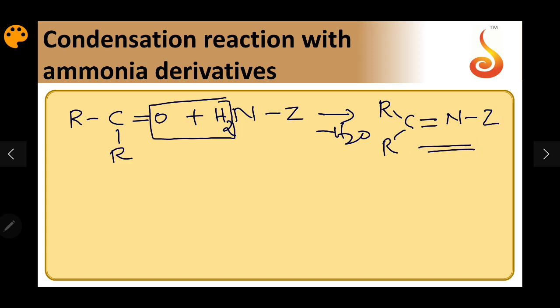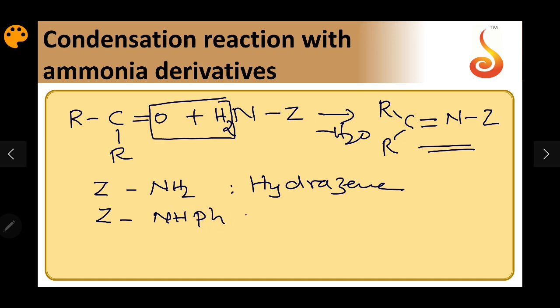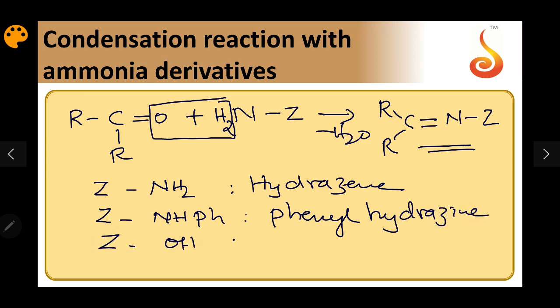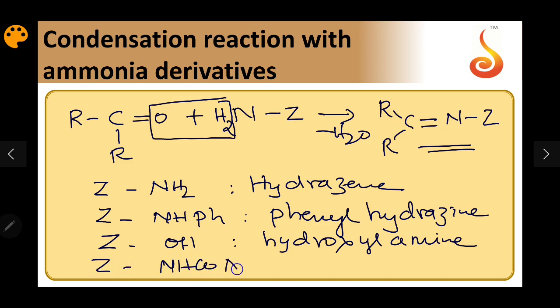So Z can be NH2 itself, that is hydrazine. Z can be NHC6H5, it can be phenylhydrazine. So Z is NH2, so it is hydrazine. Z is NHPh, phenylhydrazine, and Z is OH, hydroxylamine, and Z is NHCONH2.